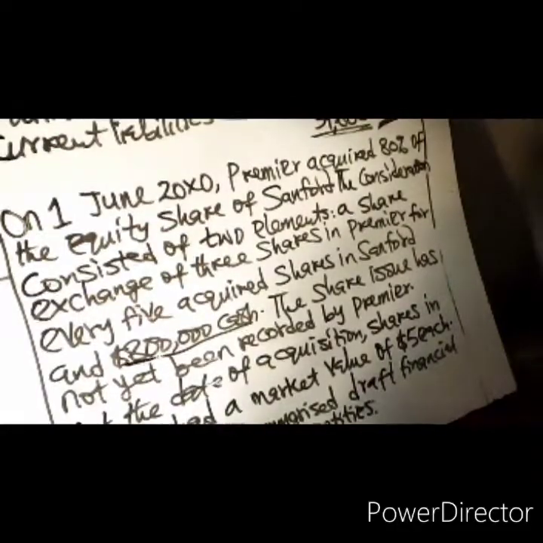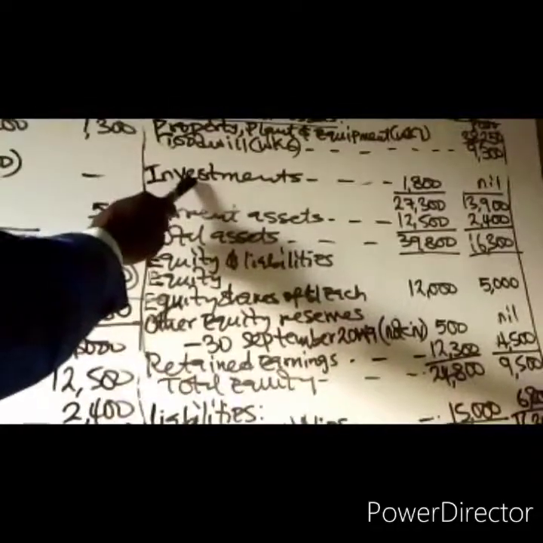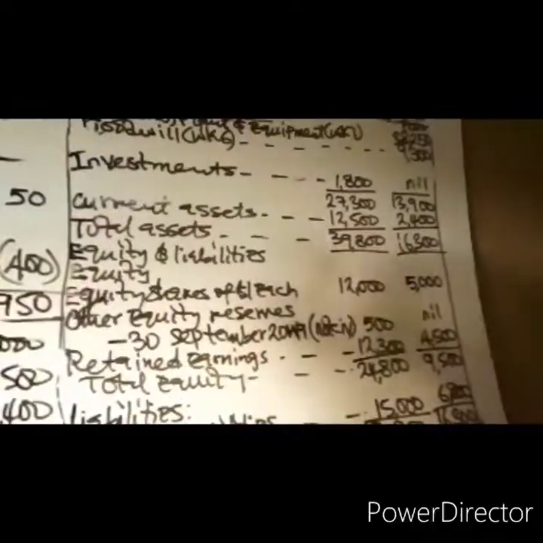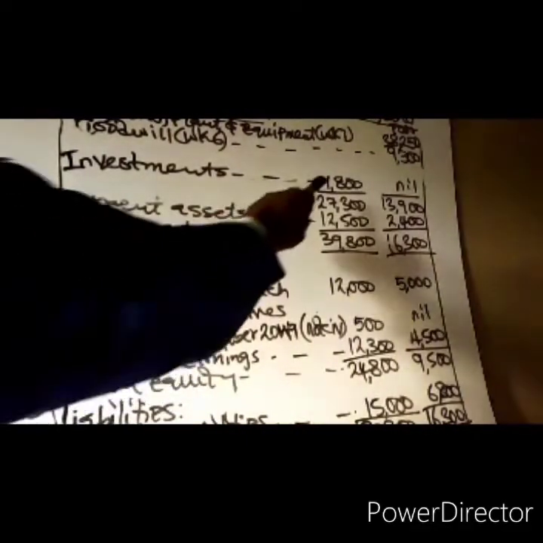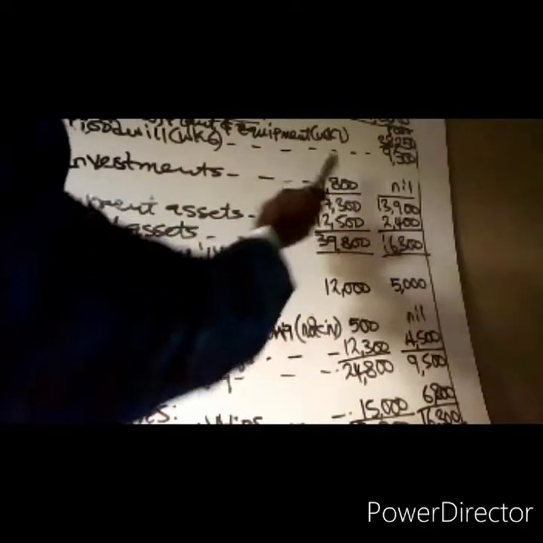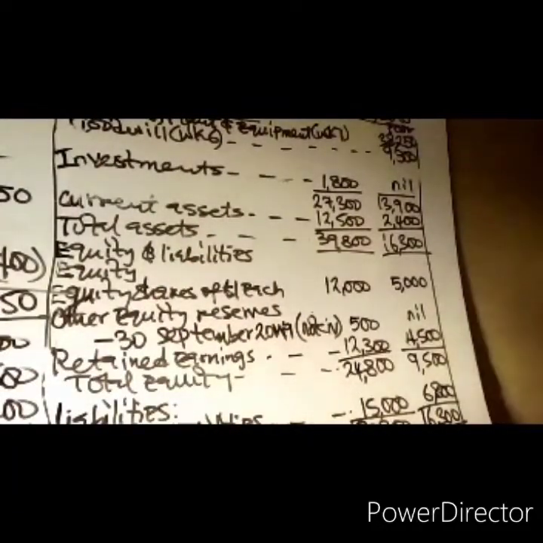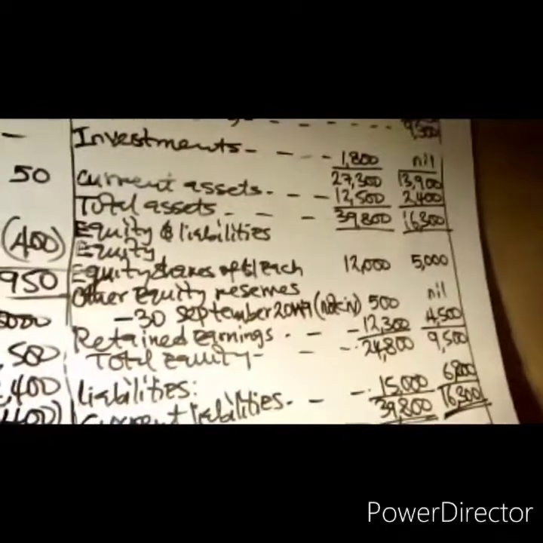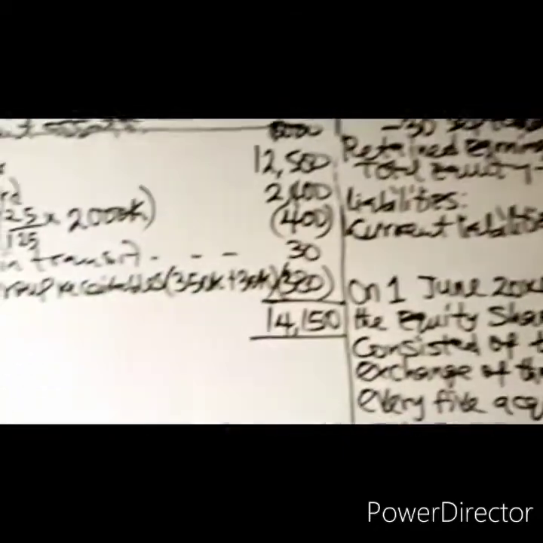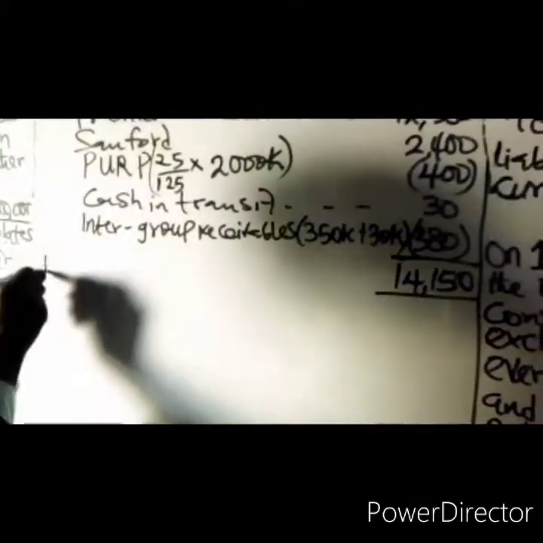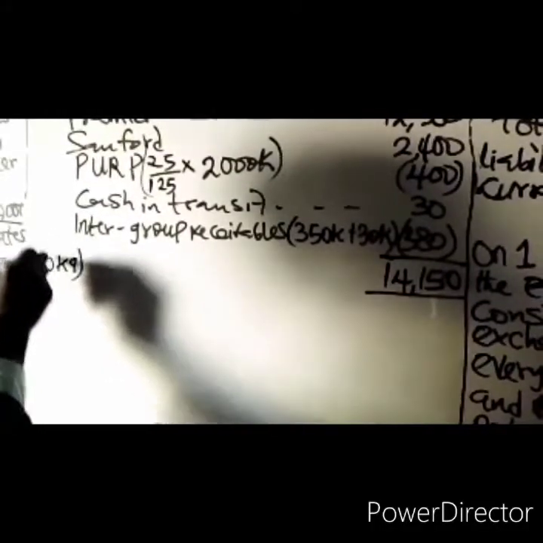So this investment of 1,800 comprises of cash consideration of 800,000 and other investments. So you are going to have working 9.